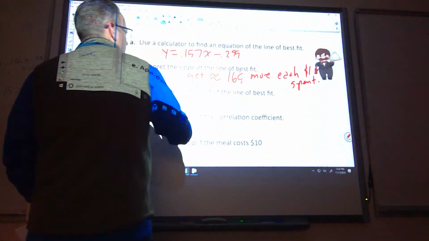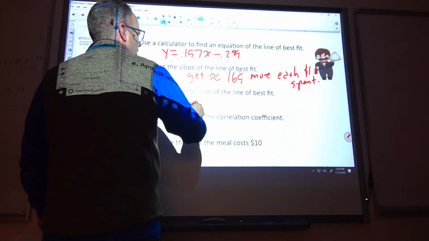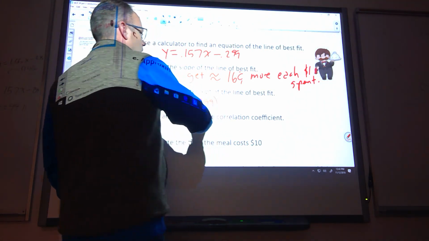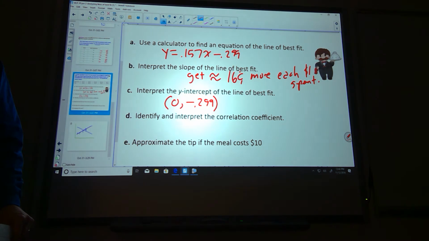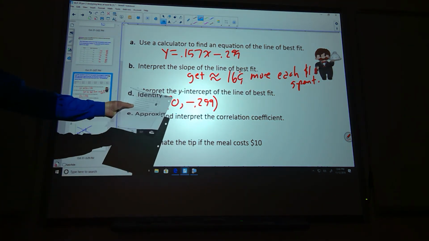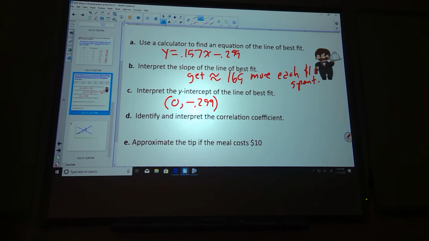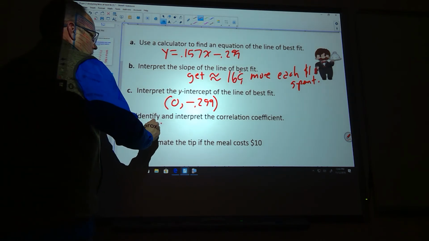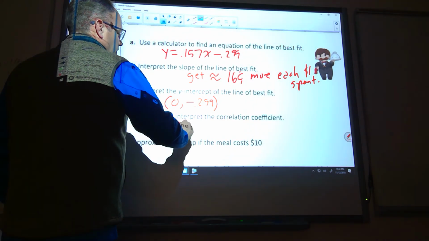Negative that, so if he has a customer that orders nothing, he's losing money. He's losing about 30 cents on that customer. I don't know how, I'm just saying it with the data. Our coefficient is 0.991, so this is a strong positive.